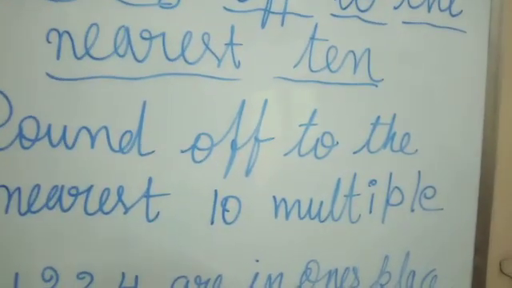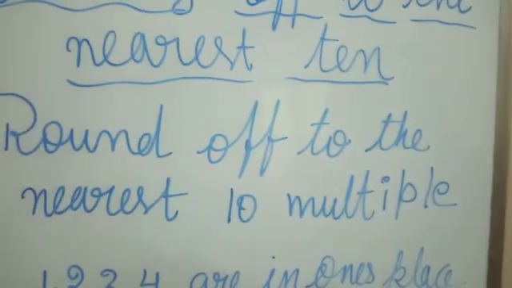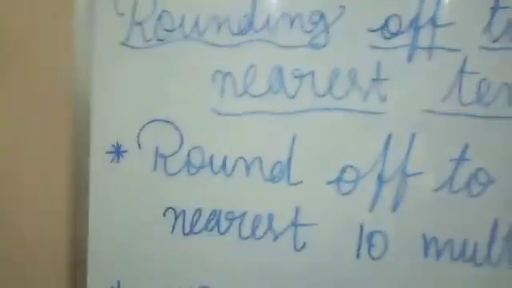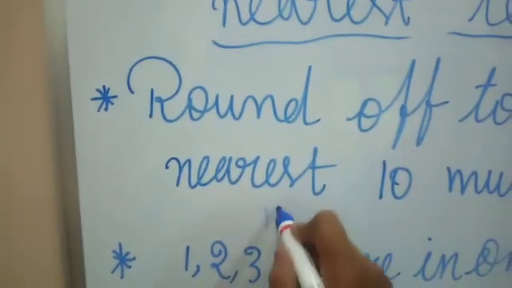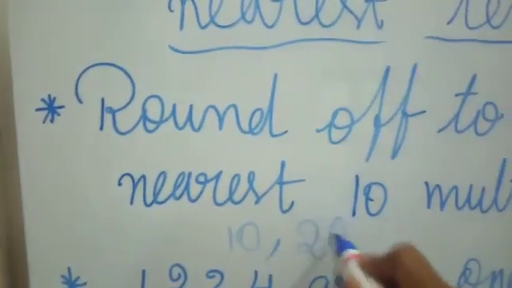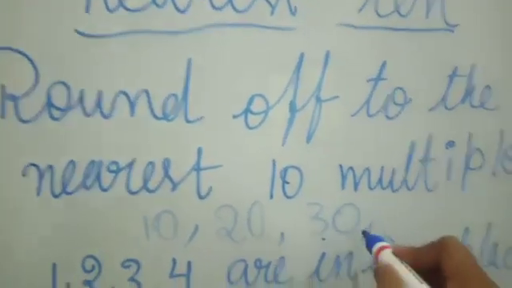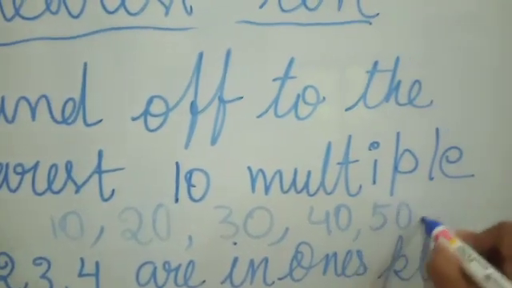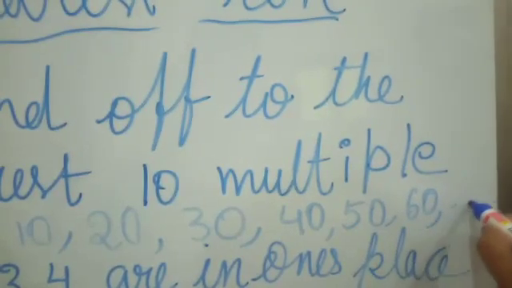If you want to round off any number to its nearest 10, you should round off the number to its nearest 10 multiple. 10 multiples means 10, 20, 30, 40, 50, 60 and so on.